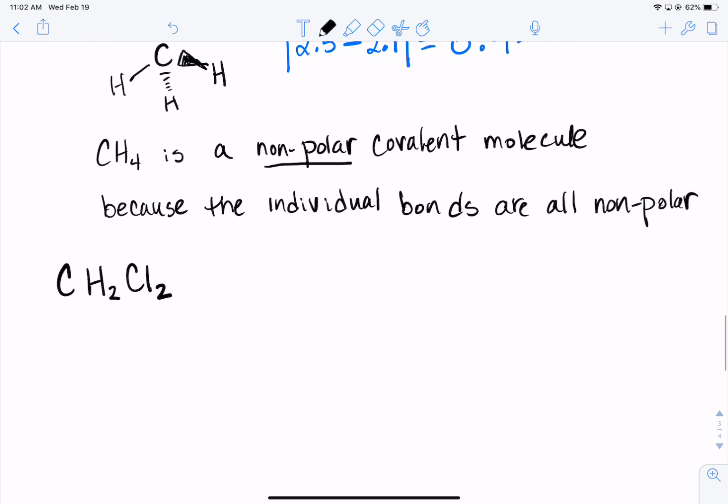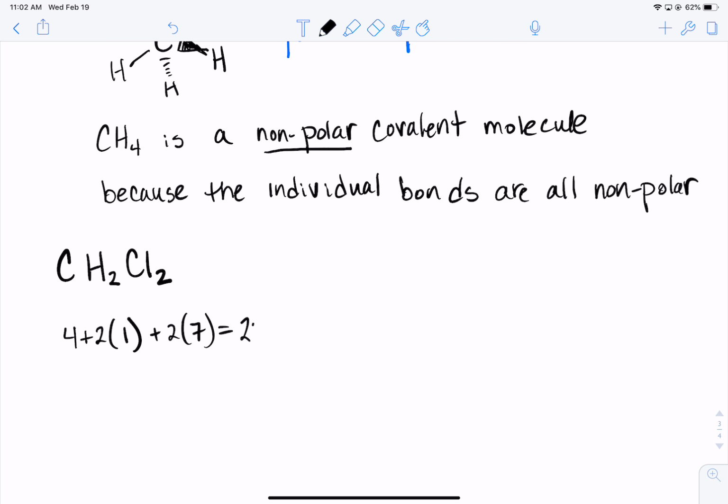So let's figure out what the number of valence electrons are. Okay, let's see. Carbon has 4. Hydrogen is in that first column. It only has 1. And we know chlorine has 7. So what's that? 14, 16, 20 valence electrons.